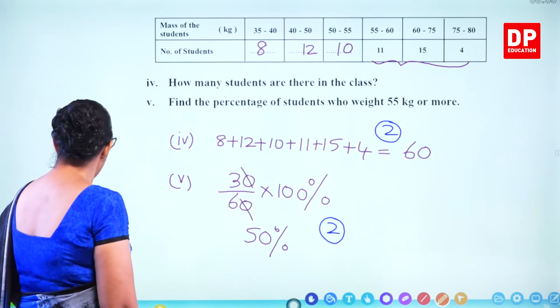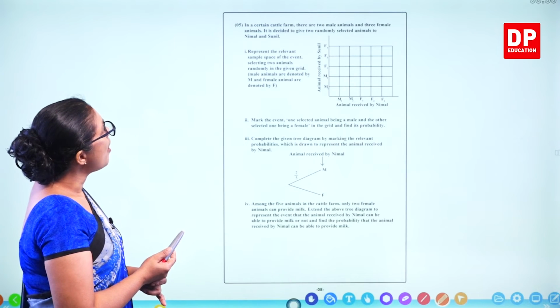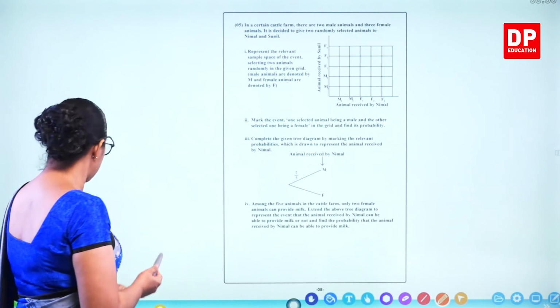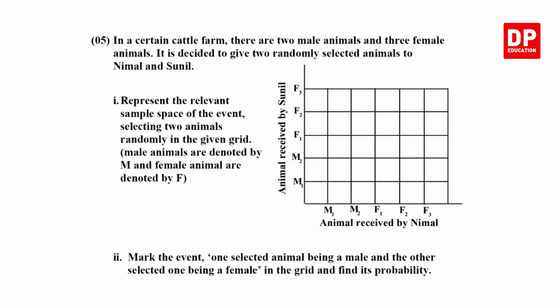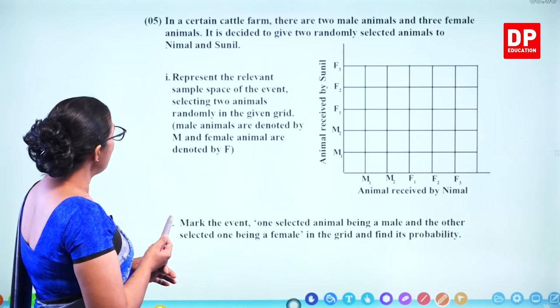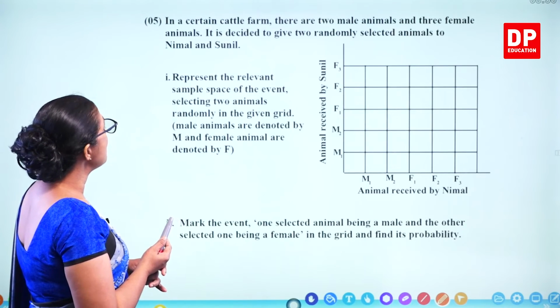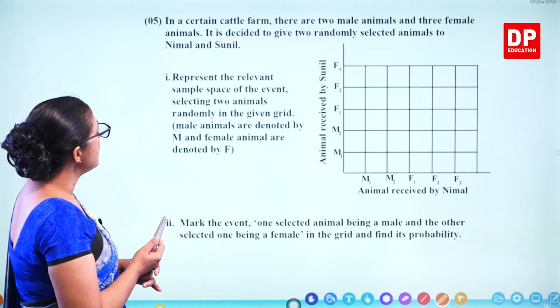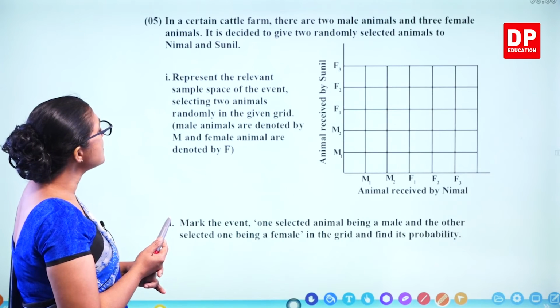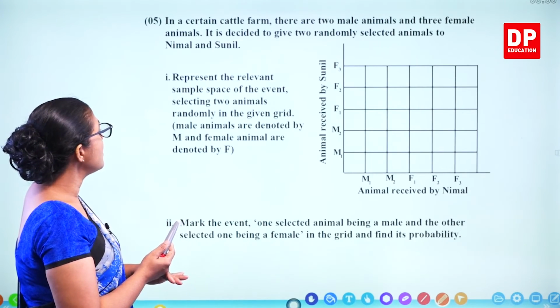Now we'll look at the next one. Last question about probability. You can try that. In a certain cattle farm, there are 2 male animals and 3 female animals. It is decided to give 2 randomly selected animals to Nimal and Sunil. Represent the relevant sample space of the event, selecting 2 animals randomly in the given grid.